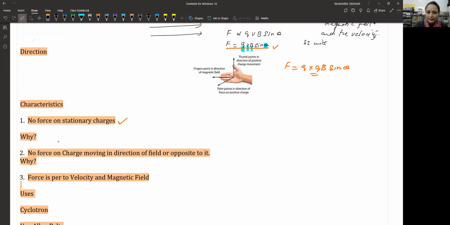See, I have the magnetic field in this direction as per the diagram, and the particle is moving in the direction opposite to the field. In that case, what is the angle? Theta is equal to 180, and we know sine 180 is also equal to 0.